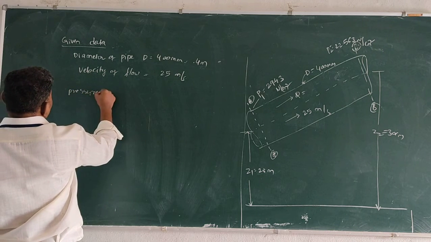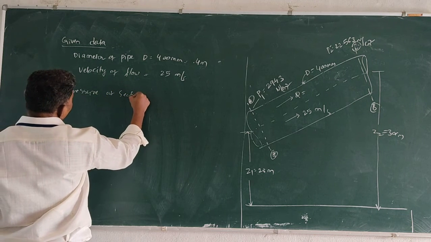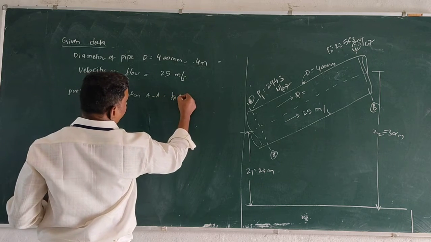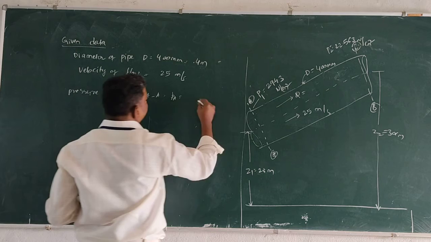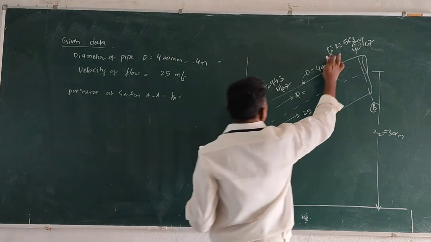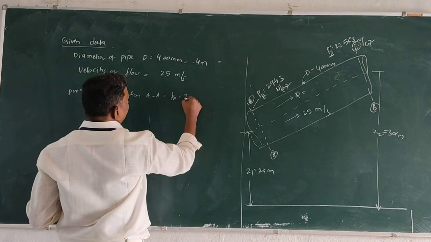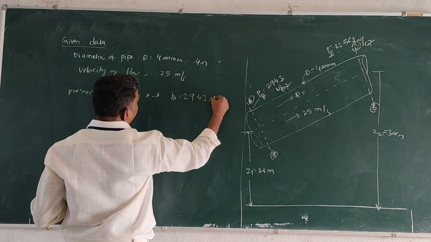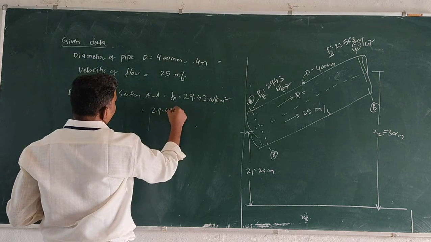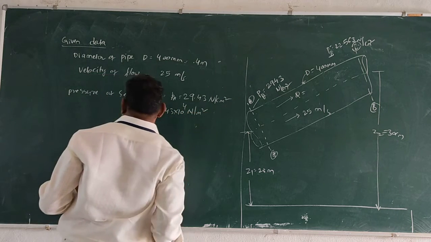Pressure at the section A, PA, or we can represent it as PA and PB. PA is equal to 29.43 newton per centimeter square, that is 29.43 into 10 to the power of 4 newtons per meter square.